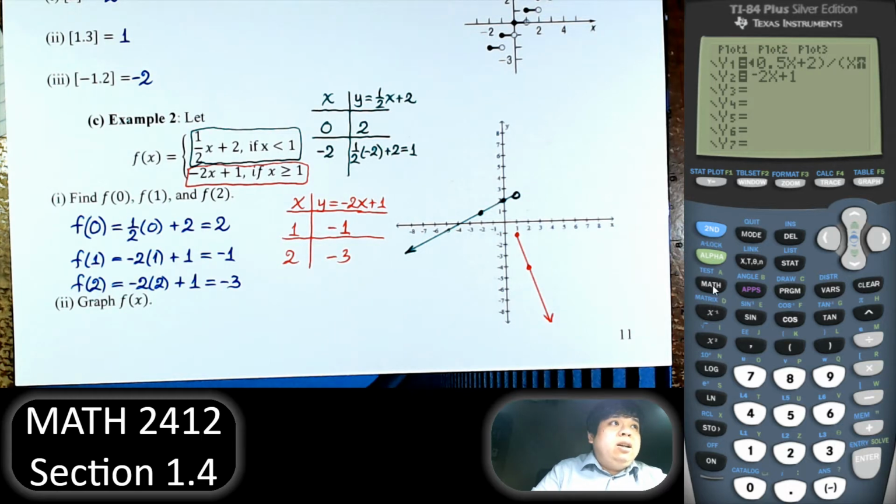Hit second and math, and choose less than 1. So that's that piece. Now the other piece, negative 2x plus 1, divided by x greater than or equal to 1, again second test.